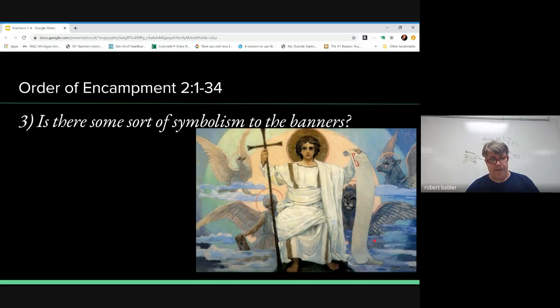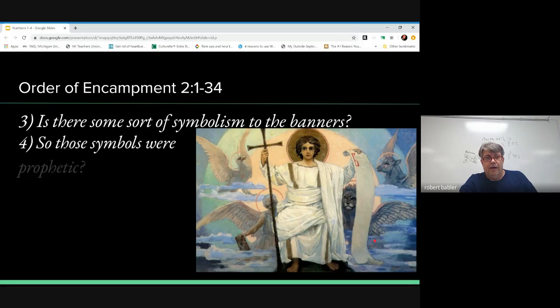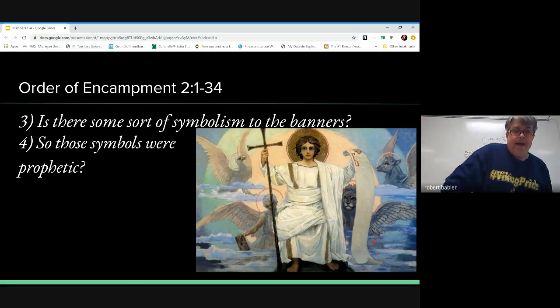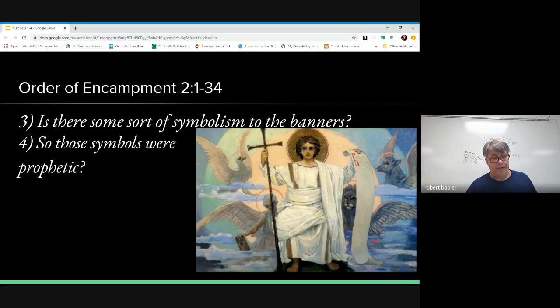But again, what we have is these four faces: a human, a lion, an ox, and an eagle. Right? So that's the first significance, and there's some symbolism there. All right. So, are these symbols prophetic because they're coming from Ezekiel? Yes, but they're prophetic not only in the Old Testament, but also in the New Testament as well.